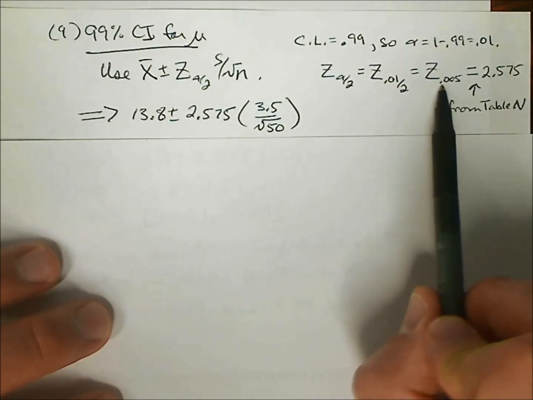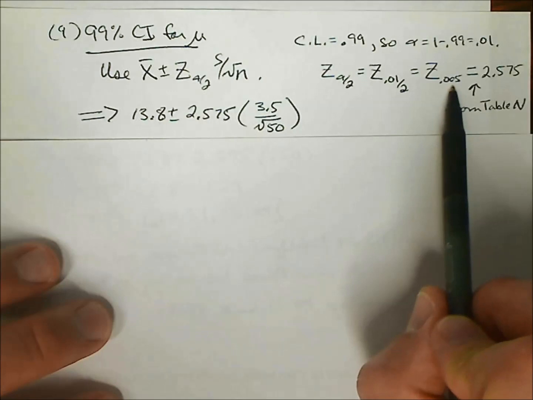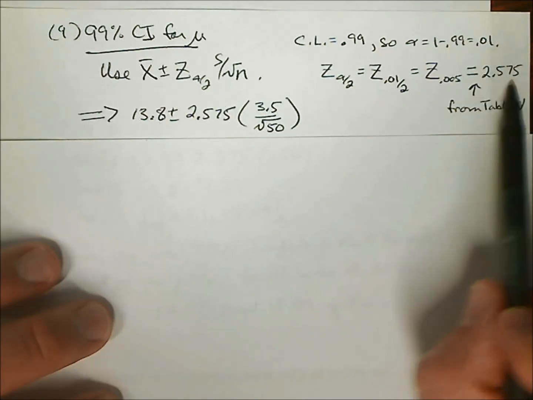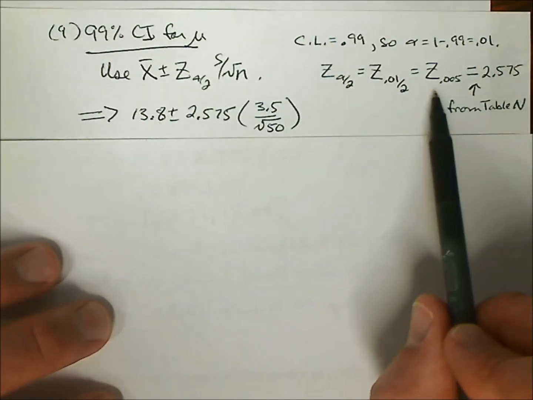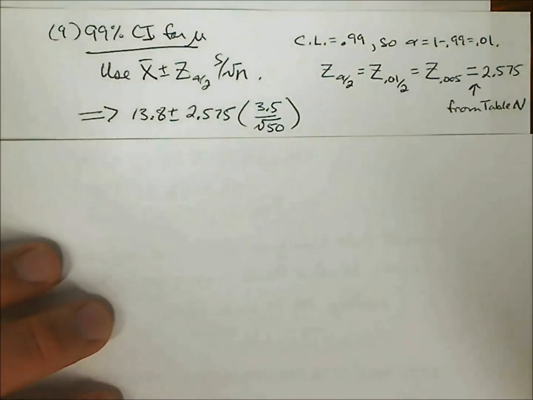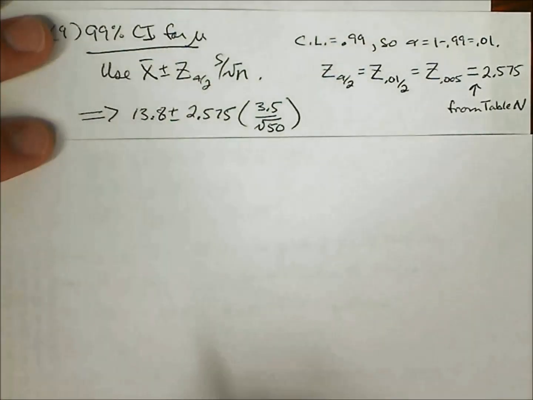All right, so that's z with the subscript of 0.005. And if you look in table N, you'll get that z-value is 2.575. Basically, you're looking for the z-score that has a left area of 0.995.